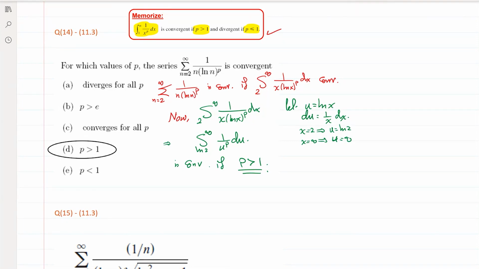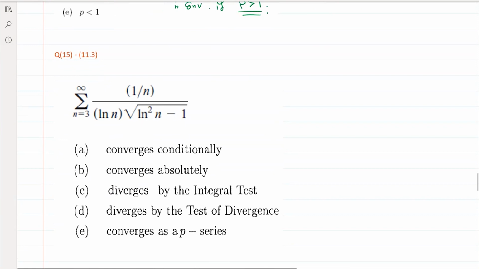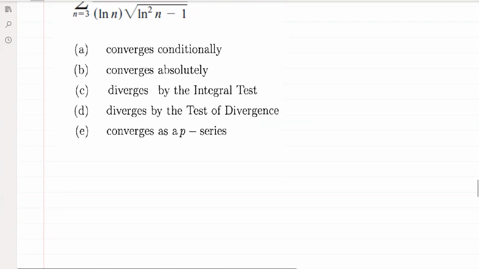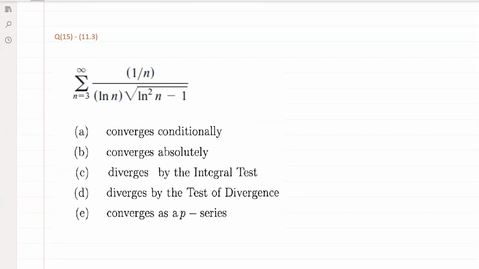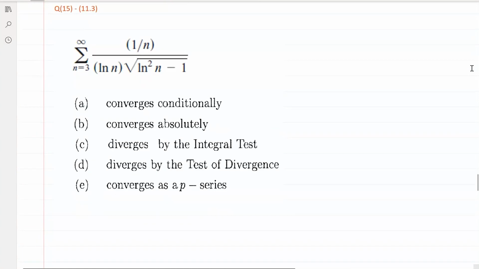So it is continuous and decreasing because the numerator is 1 and the denominator increases. So it is a decreasing function. So it is continuous, decreasing with positive terms, so you can use the integral test. Yes, you are right, but it's already satisfied here. Clear? Yes, clear. Okay.